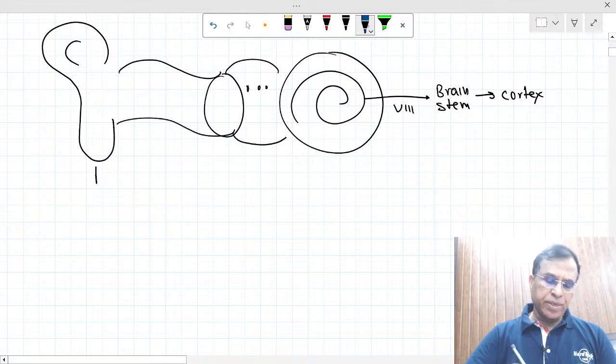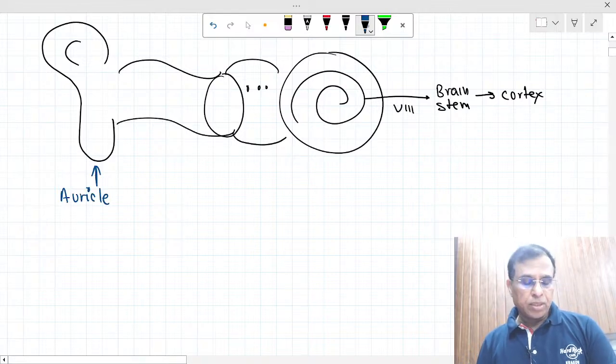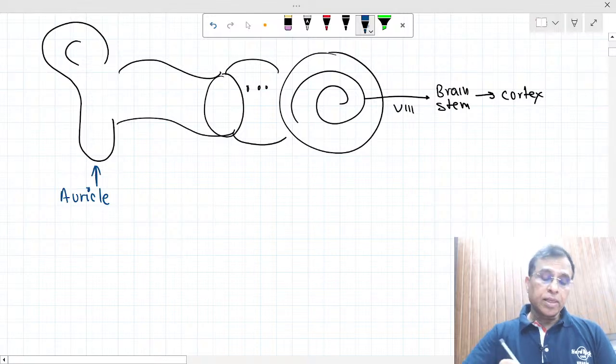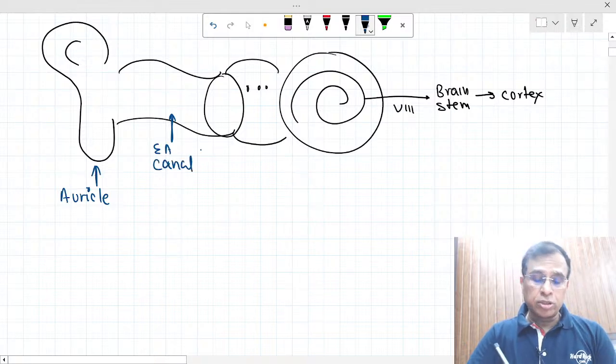Common name is pinna, but you can call it auricle, which is a more biologically correct name. So auricle is what you remember for this pinna, and this is a canal called external auditory canal, sometimes EAC in short.